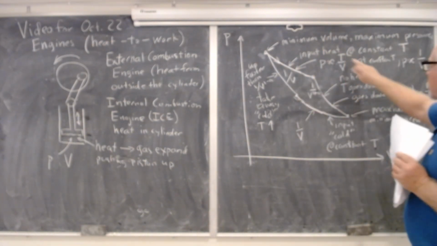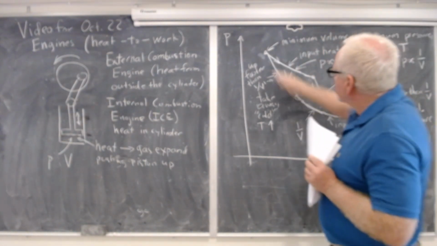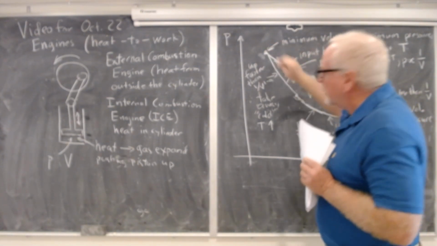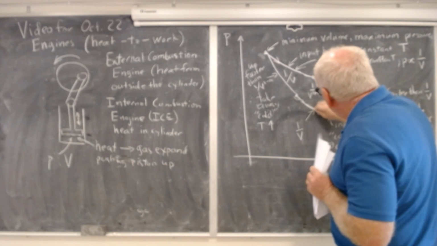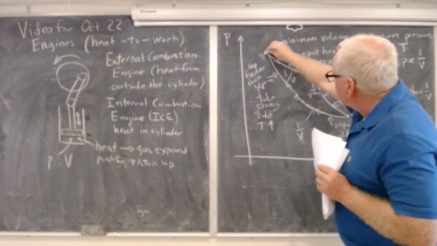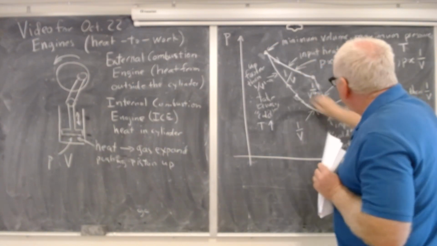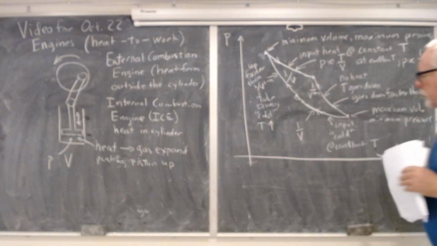So I'm going up faster than 1 over V until you reach the point, and everything is designed so that it goes in a cycle like that. The piston goes up, up, down, down.